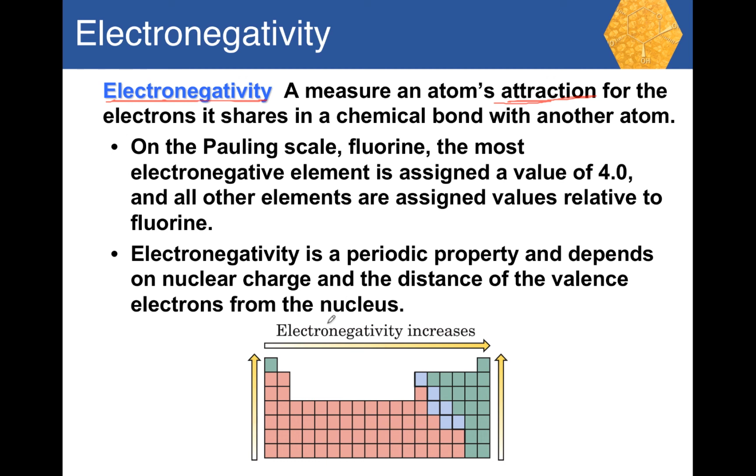Atoms to the extreme left of the periodic table tend to want to give up electrons. Notice they don't want to attract electrons. So there's a trend that we can see on the periodic table. Electronegativity increases in this direction. That means that this atom here is more electronegative than this atom over here.